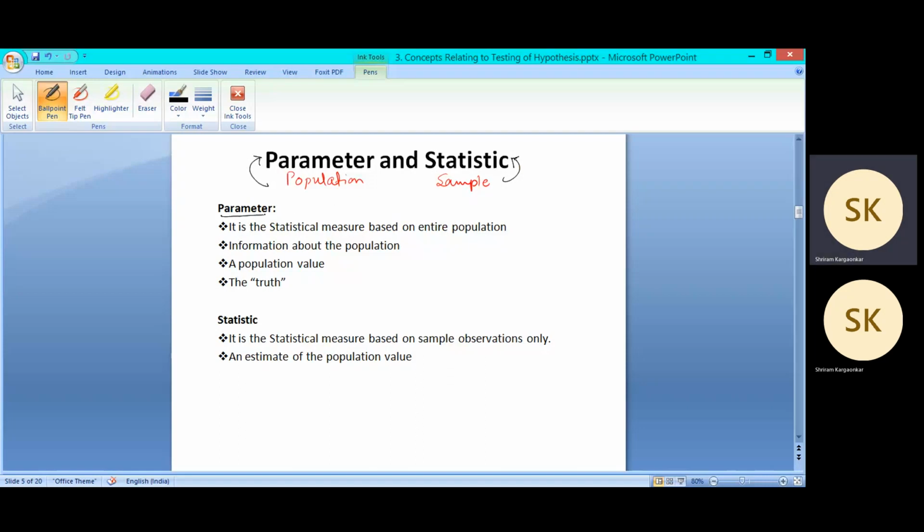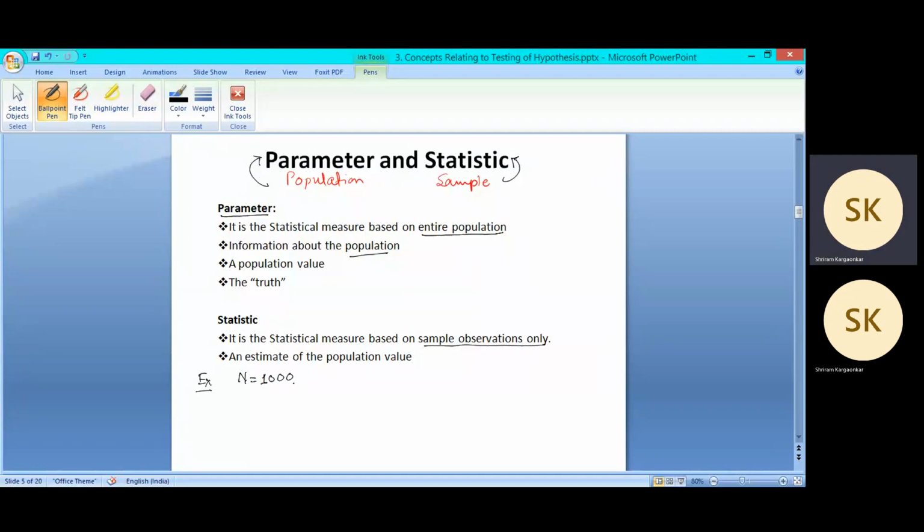A parameter is the statistical measure based on the entire population. The information is about the population, and it is a population value, or a truth. Whereas a statistic is the statistical measure based on the sample observations only. Let's take an example. Suppose this is a survey regarding the opinion of people.